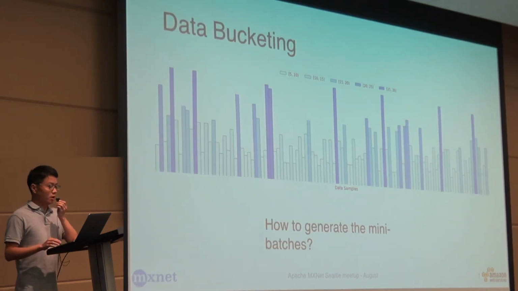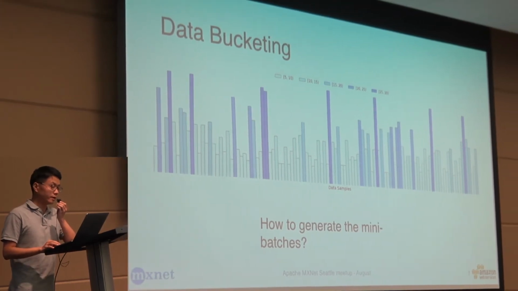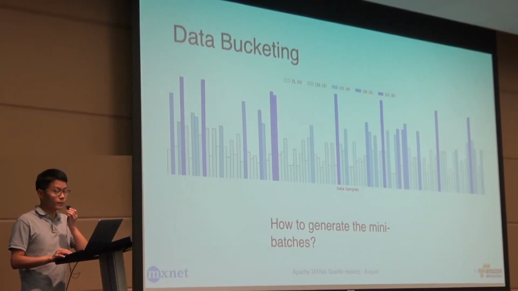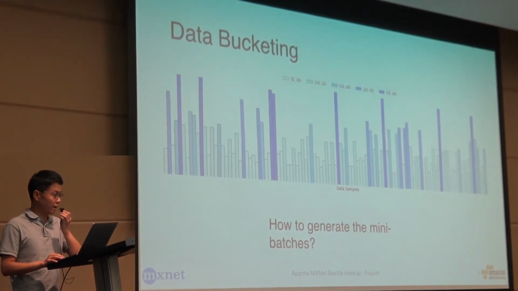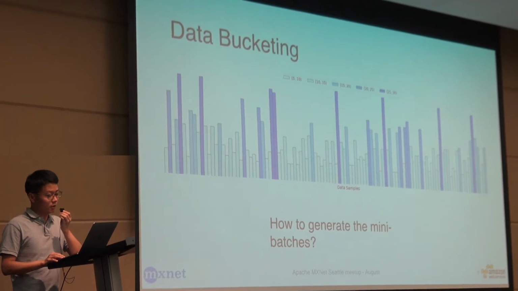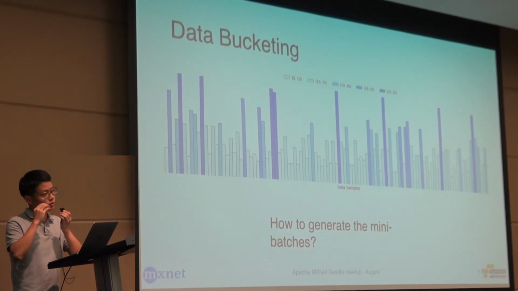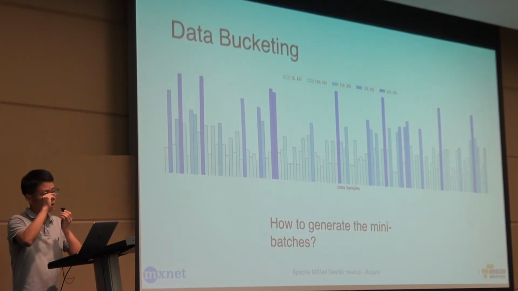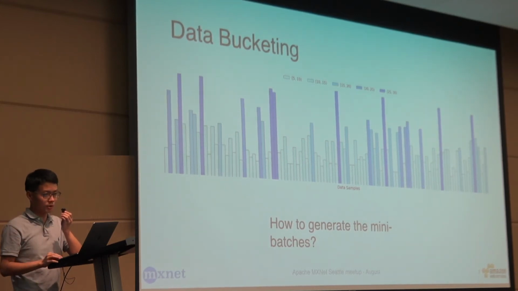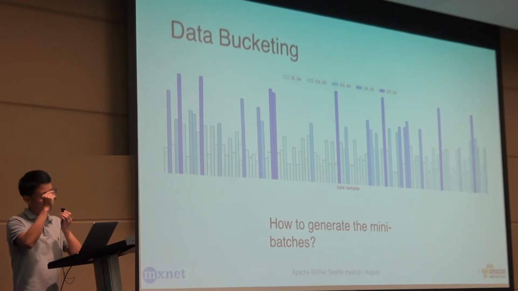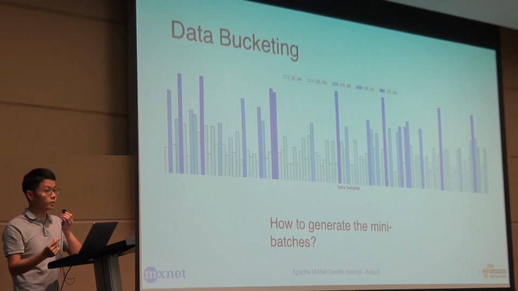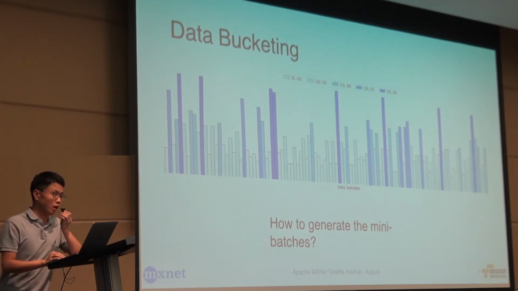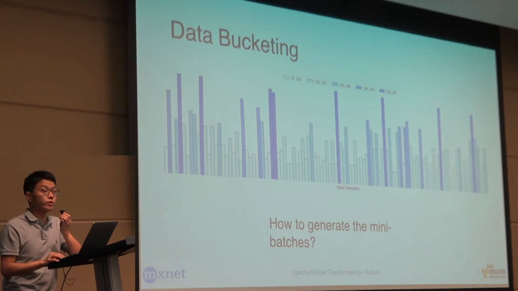We will talk about a technique called data packing. Data packing is a very useful technique if you really want to train your model. You want to think about how to generate mini-batches very efficiently, because for a normal machine learning model, you use a mini-batch to update the parameters. That is the basis for how you can efficiently train a model.